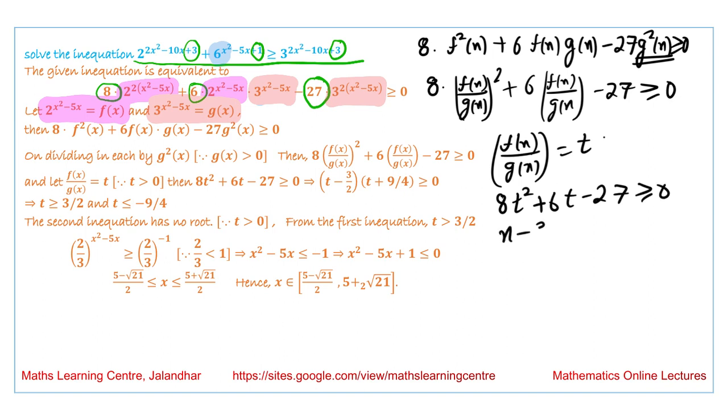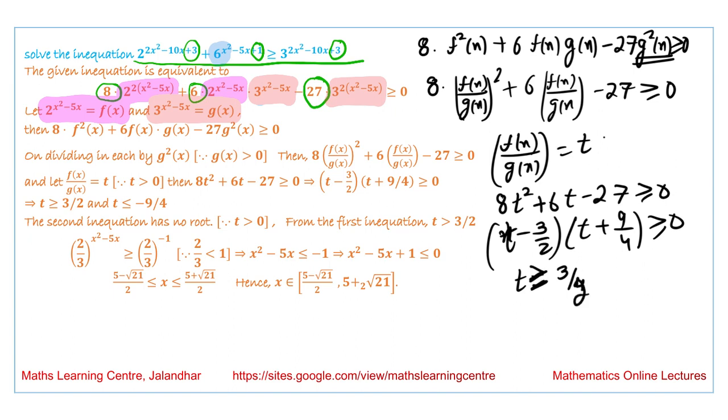So this factors as (t minus 3 by 2) into (t plus 9 by 4) is greater than or equal to 0. This gives us two ranges of t: t is greater than or equal to 3 by 2, and t is less than or equal to minus 9 by 4.